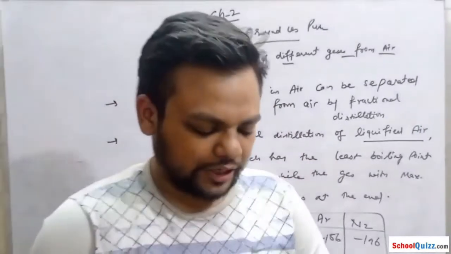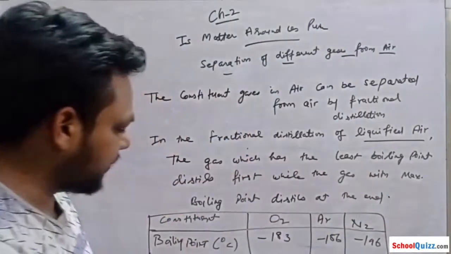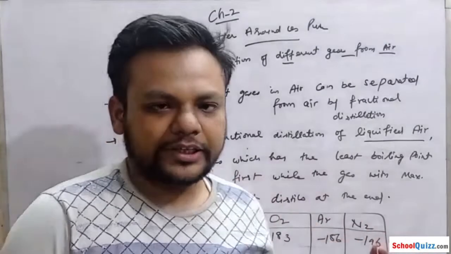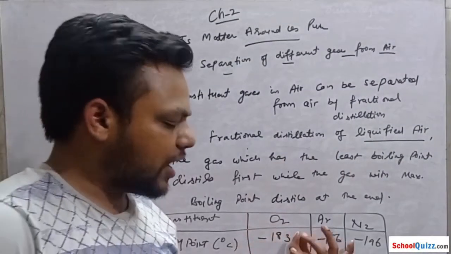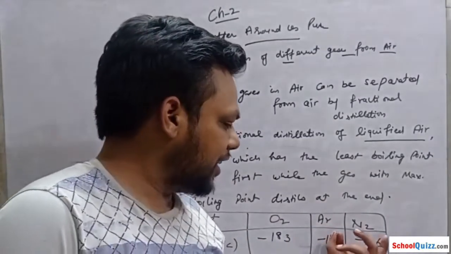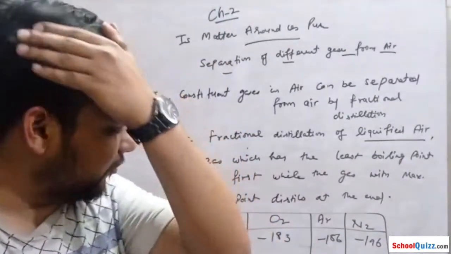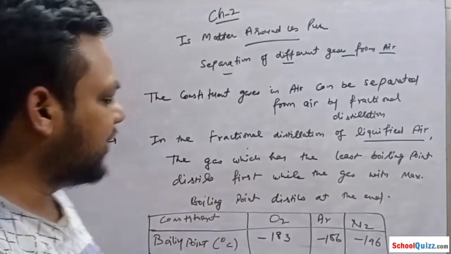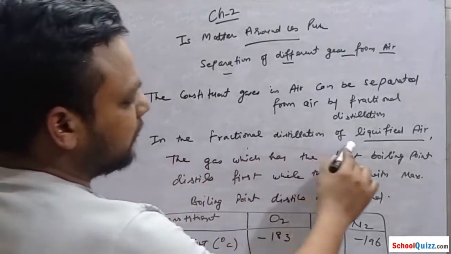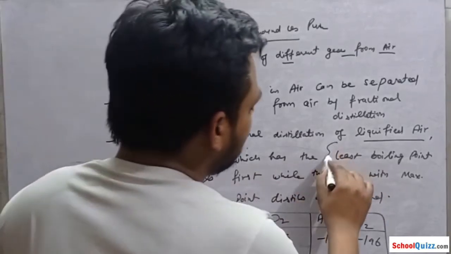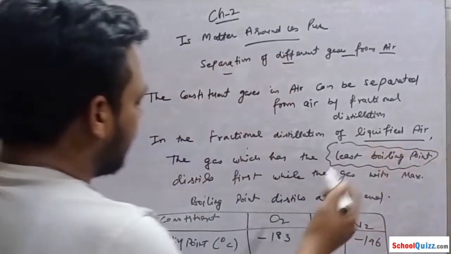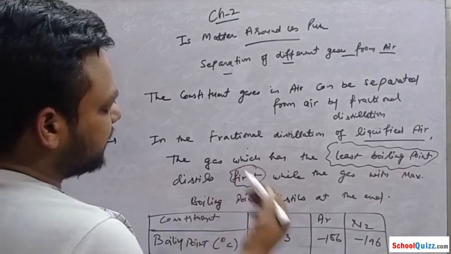So as you see here, there is a difference in boiling point. Oxygen boiling point is minus 183 degrees Celsius, argon is minus 186 degrees Celsius, and nitrogen gas is minus 196 degrees Celsius. As we have written here, in the fractional distillation of liquefied air, the gas which has the least boiling point distills first.